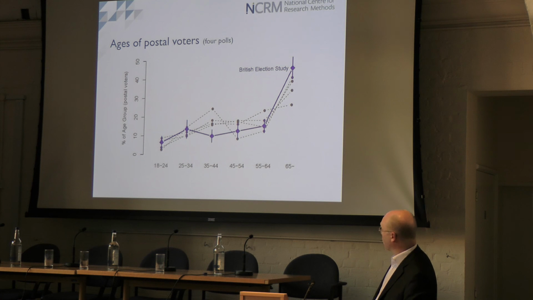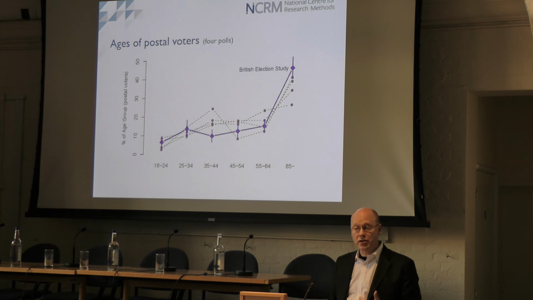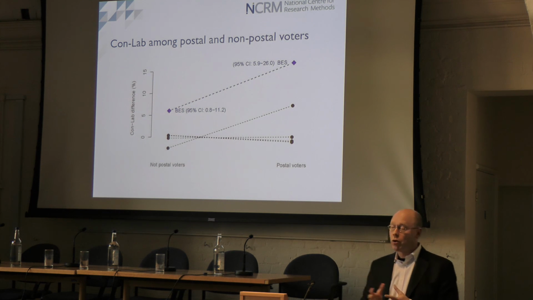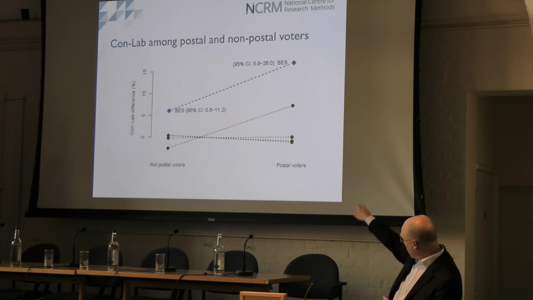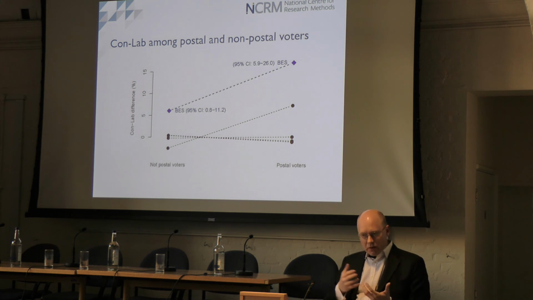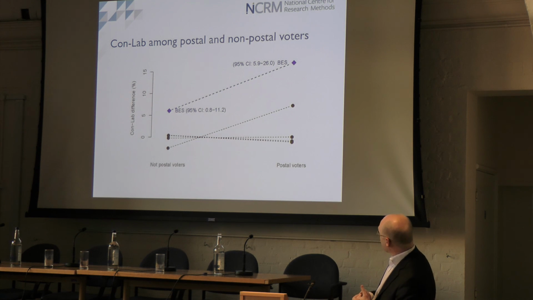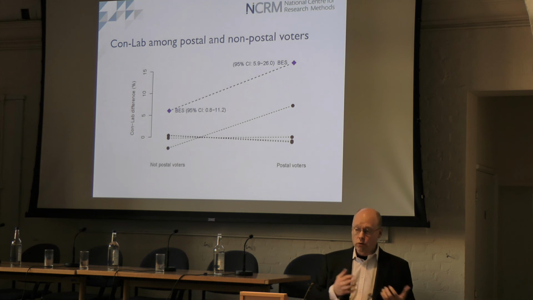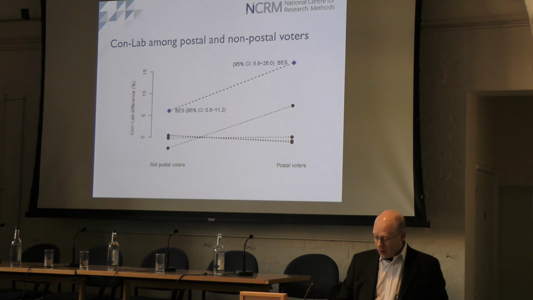Now in the polls, where we had a wrong age distribution for postal voters, we also get a wrong result for the vote of the postal voters. With one partial exception, there's a quite clear and striking result: there's really no difference in conclusions about postal voters in the polls compared to non-postal voters.